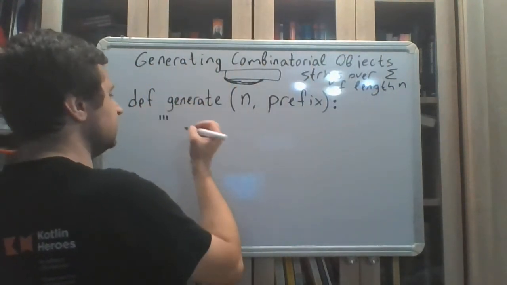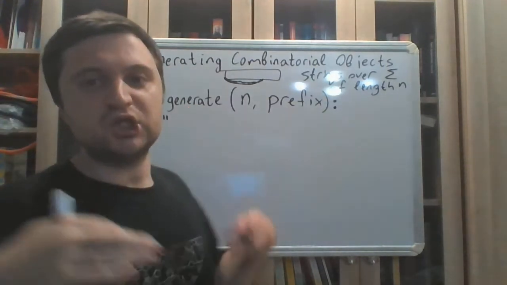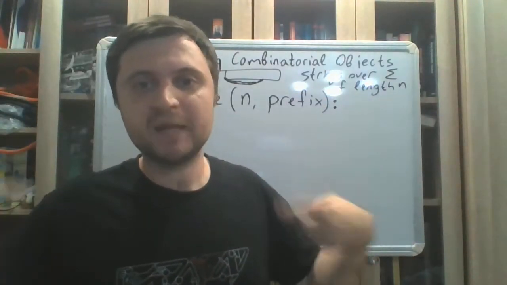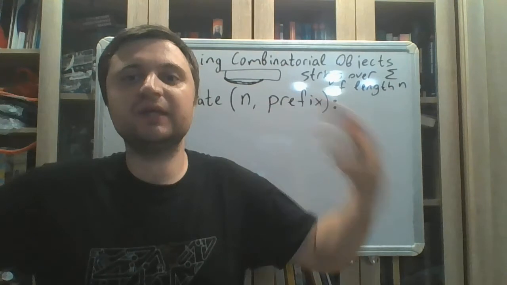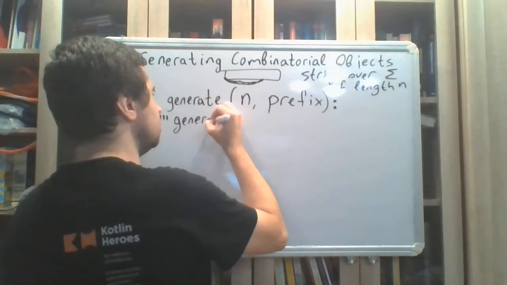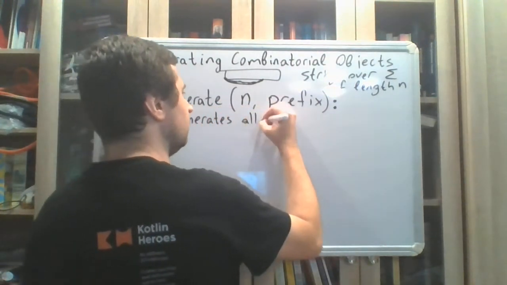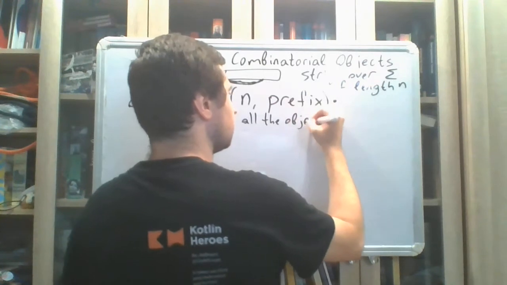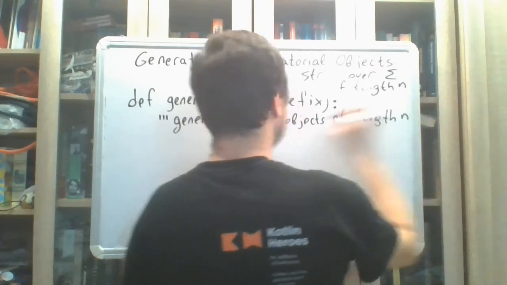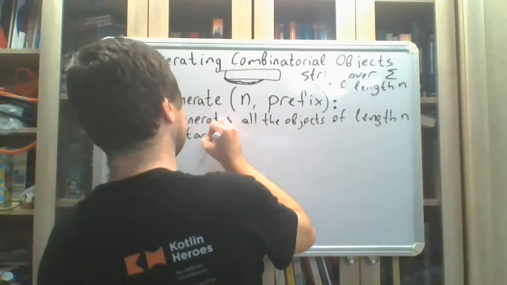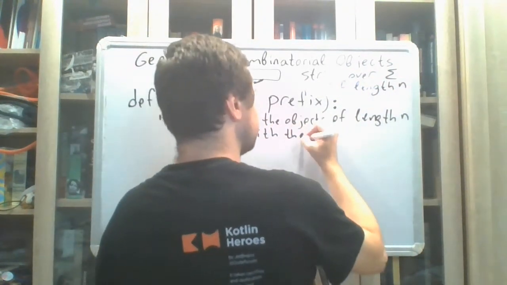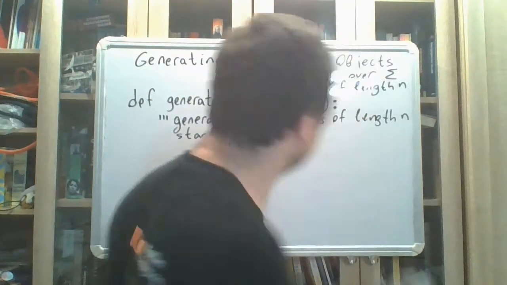So I will be writing the function that generates, or maybe in our case prints or processes, it's really not important over here, all the objects of length n, starting with the given prefix.